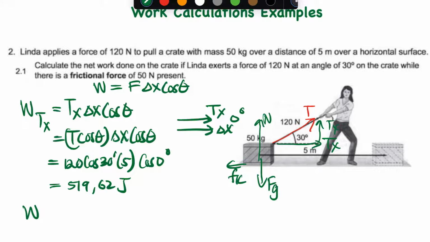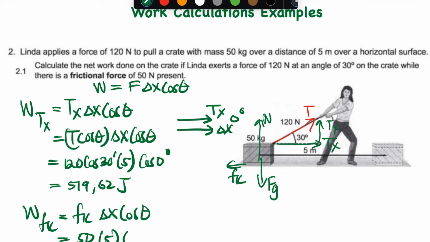Now let me calculate the work done by the frictional force. It's Fk times delta x times cos theta. The frictional force, as we're told, is 50, and the displacement is 5.